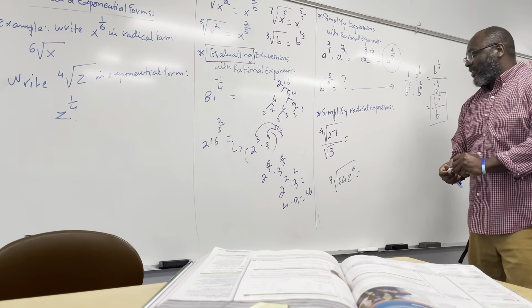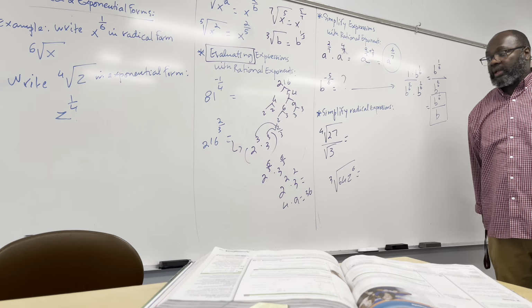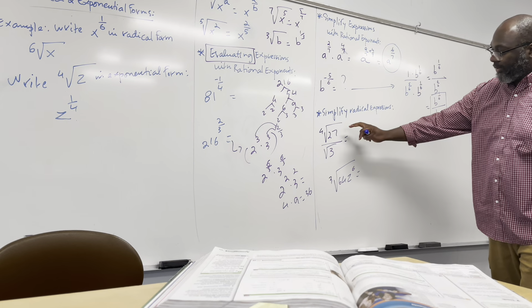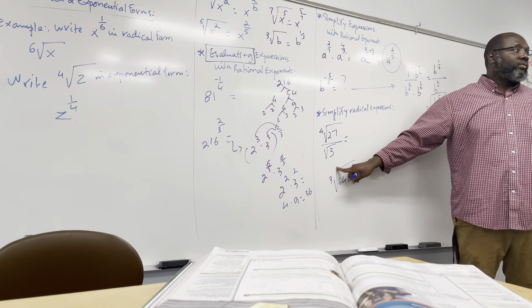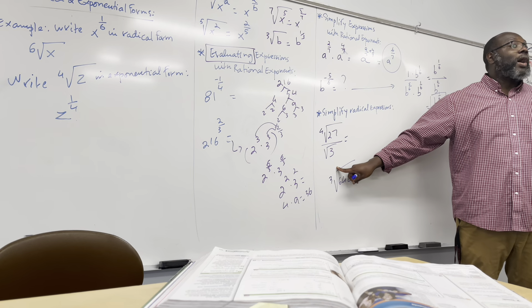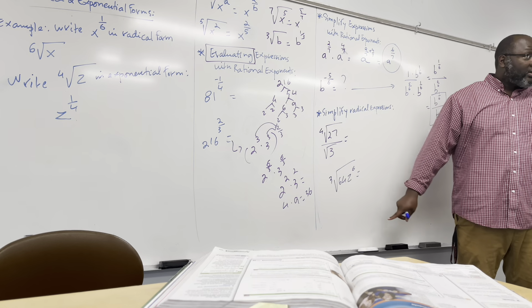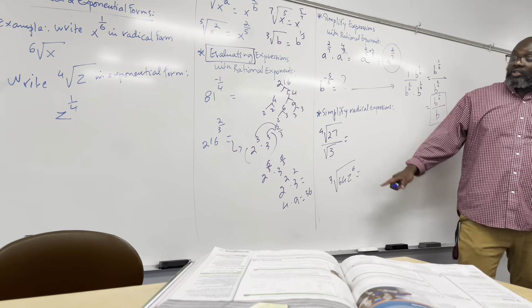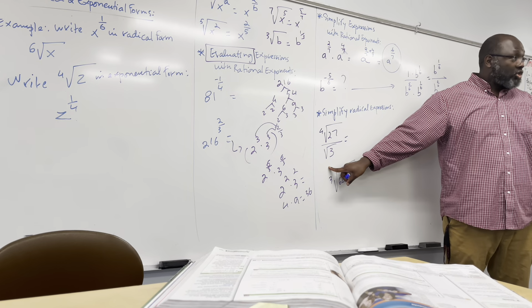Now, we're going to learn how to simplify radical expressions. We did this in our last session, but we can still do it again. If you notice here, can I divide 27 by 3? No. Why can I not do that? Because there are different roots. This is the 4th root, and this is just the square root.